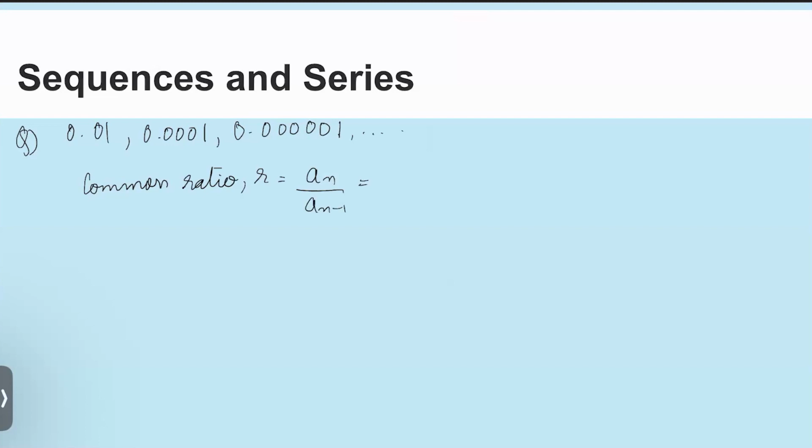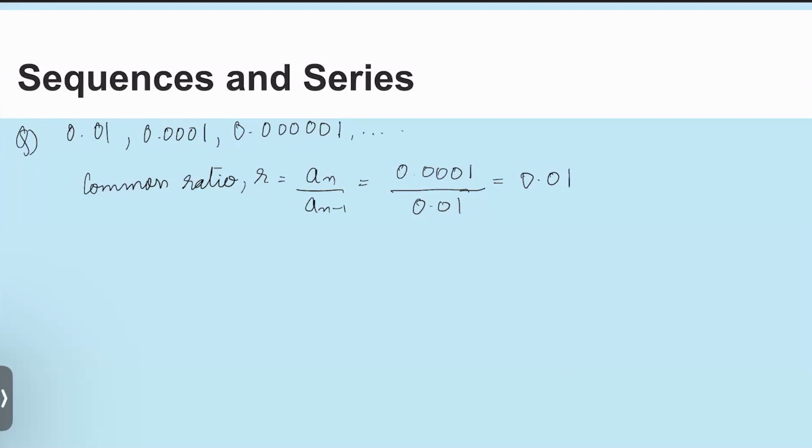So suppose you take a2. So a2 is 0.0001 divided by 0.01. Okay, then you will get 0.01 as your R.